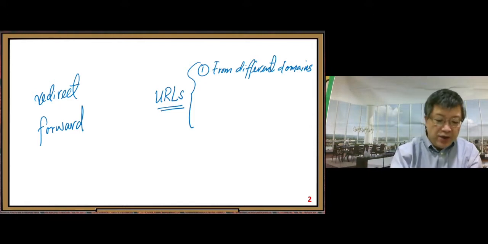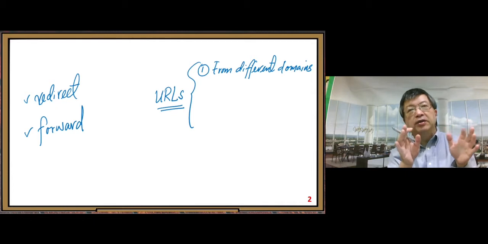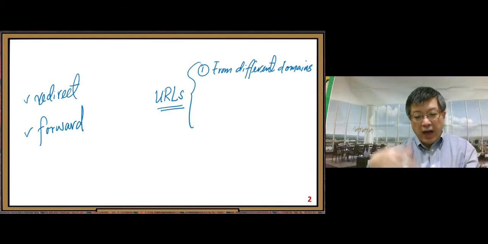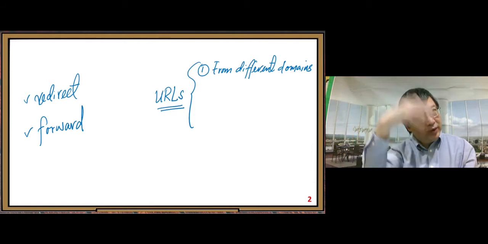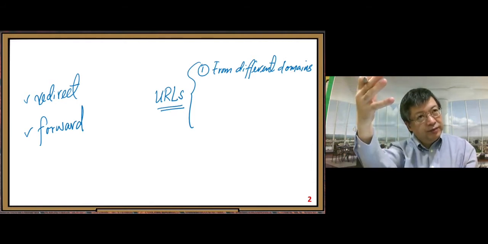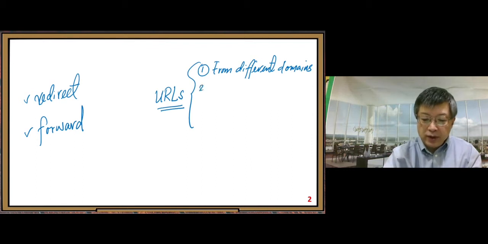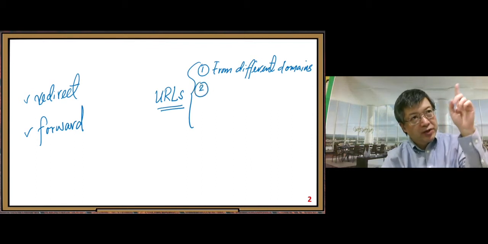Because when you do redirect or forward, you are in the current domain, the current server. So now the URL, we want to go to a different domain. So that is one case. We know one domain corresponds to one server.